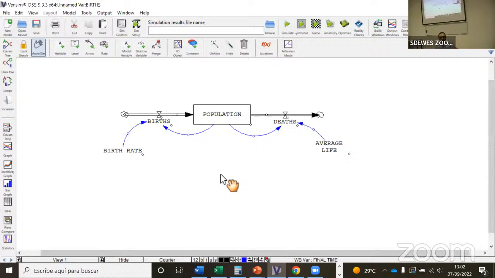No, it's not black. Birth rate, there is nothing for now. No symbol. Not yet. Not yet. I am going to be slow.